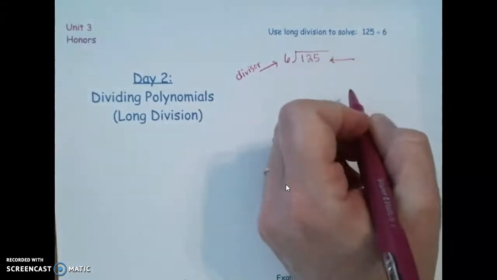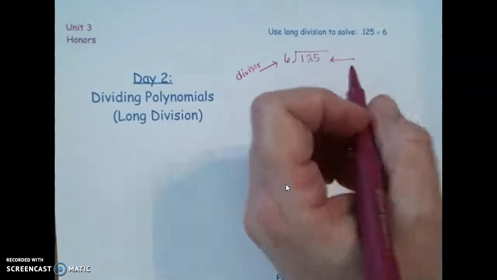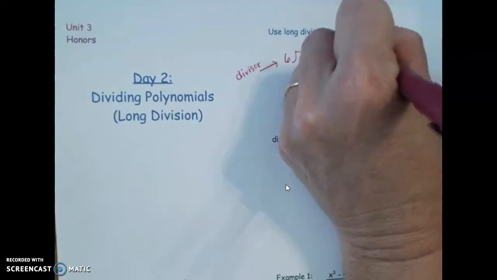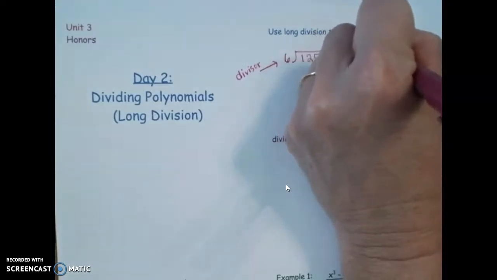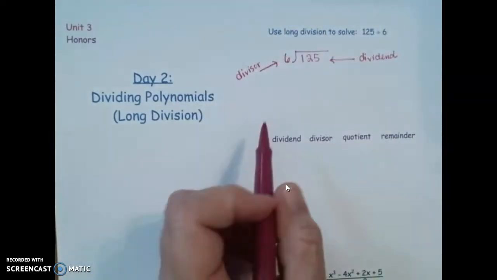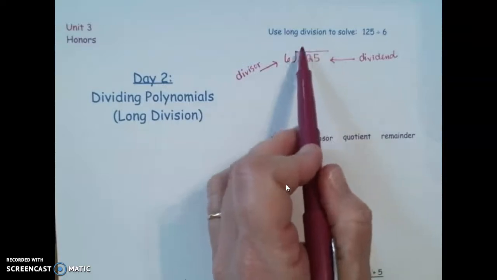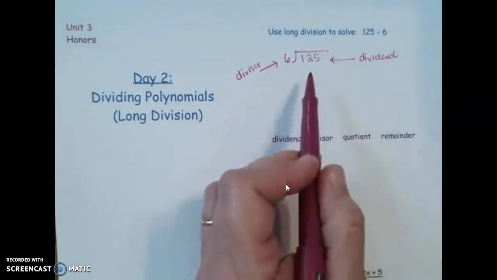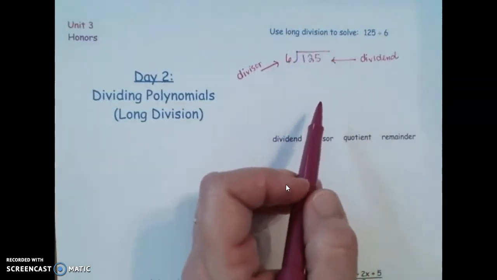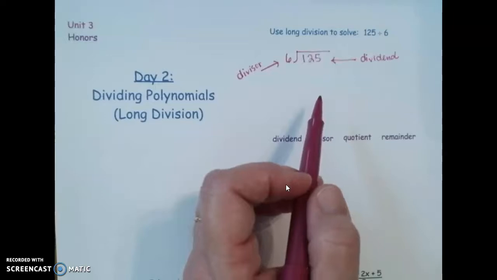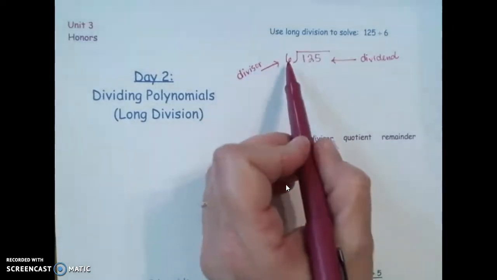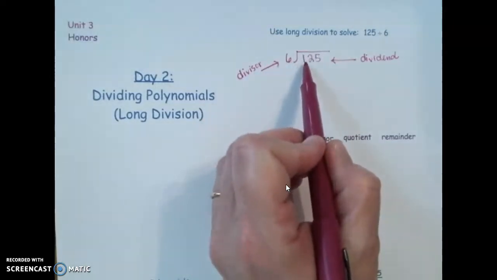That number that goes in the house is what I call it, is the dividend, sorry. And then we'll get our quotient when we have our answer, and then we'll see if there's a remainder at the end.